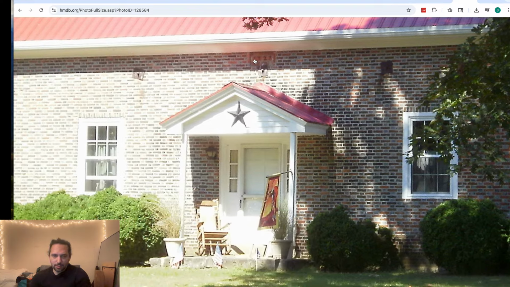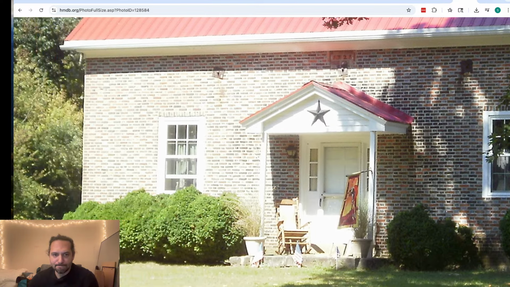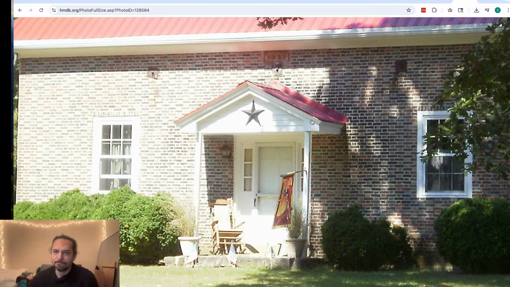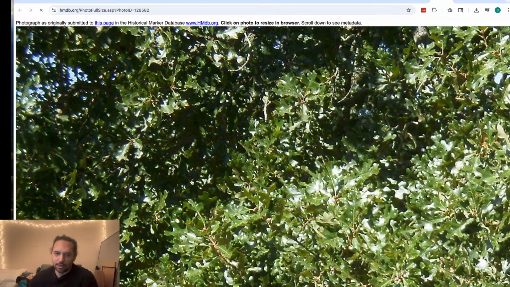Ooh, it says... The stone above the doorway says 1721, I believe. Awesome. Very cool. And then here is the cemetery.